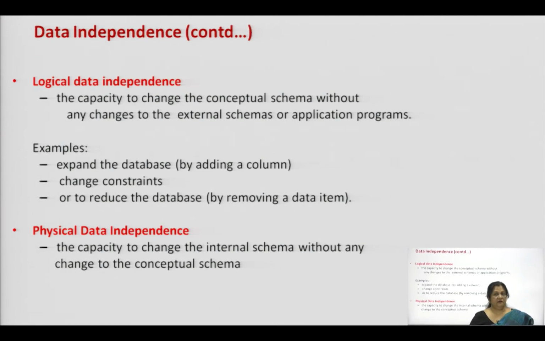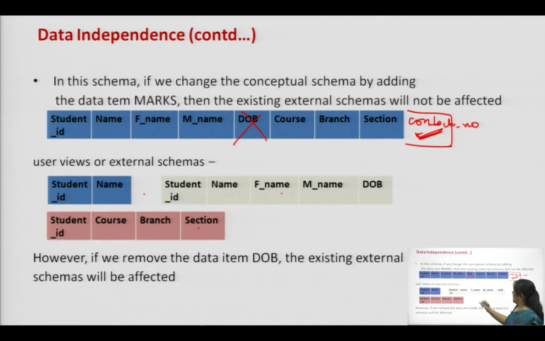For example, let us say we change the way the data is stored in the physical storage, or we change some of the access techniques that are being used to access the data at the physical schema. All this is not going to affect the conceptual schema. The conceptual schema will remain as such, it will not be affected. Why? Because this is all due to data abstraction.